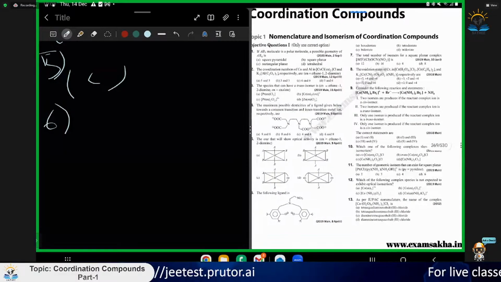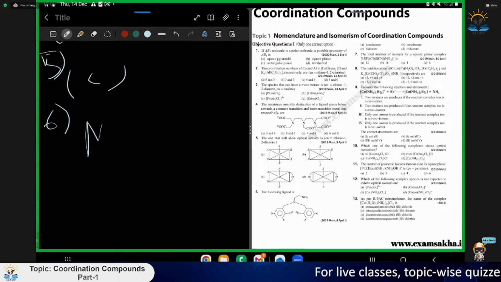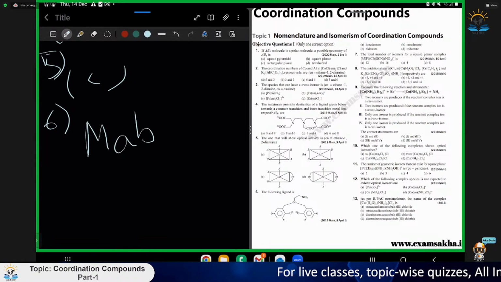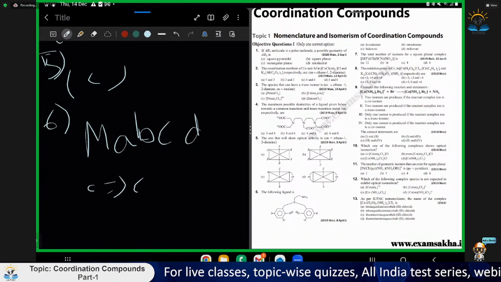Total number of isomers for a square planar complex. Correct. I'm going to write it as MABCD. Your C is ambidentate.